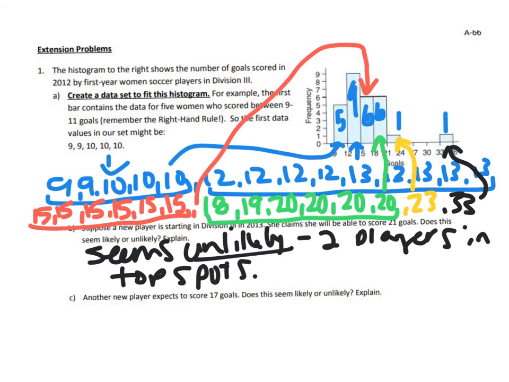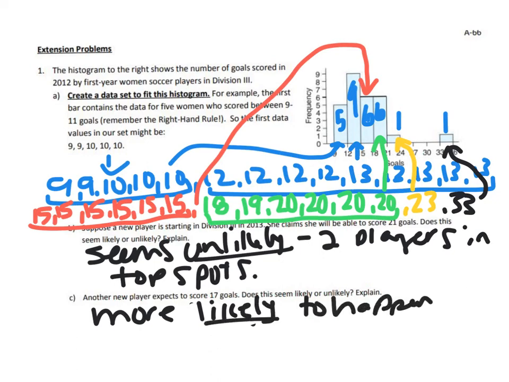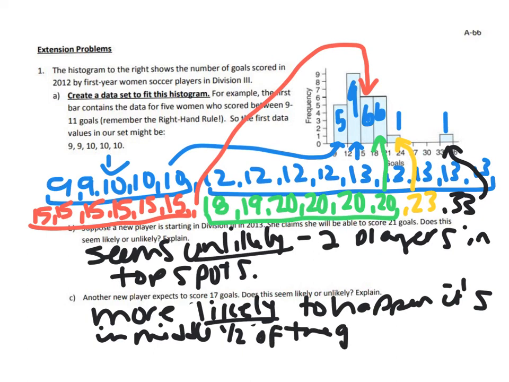So this is more likely to happen because it's in the middle half of the group. And it's more likely to be in that middle set of that data.